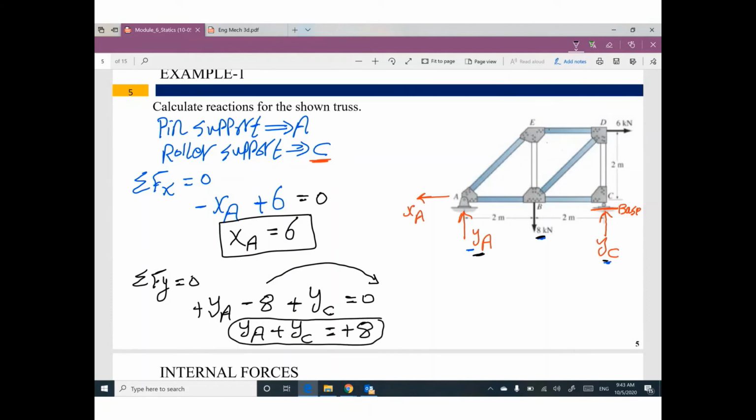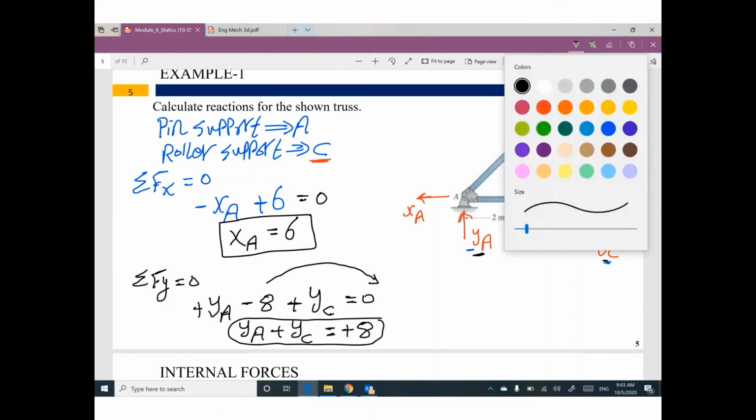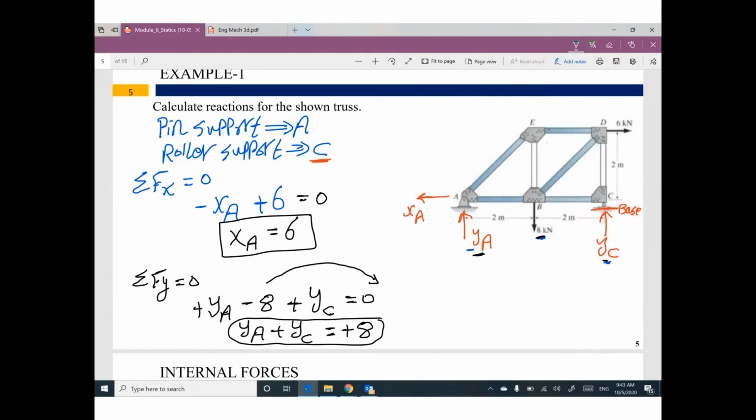What is the third equilibrium equation? Summation of moment at any point equals 0. Do you remember? And I will repeat one more time. Taking a moment at any point, I have a recommendation for you guys: take moment at one of the supports. Some of you take moment at E, that's right, it's okay.